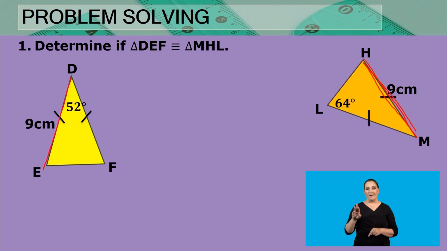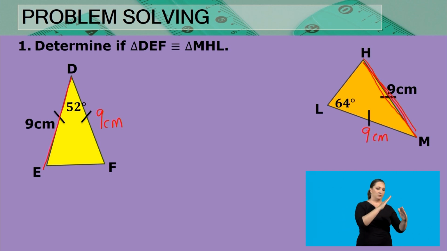So they are equal, and because we were given that DE is equal to DF, that means DF is also 9 centimeters. Again, we're given that MH is equal to ML, so that means that ML is also 9 centimeters. So we already have two sides that are equal here.